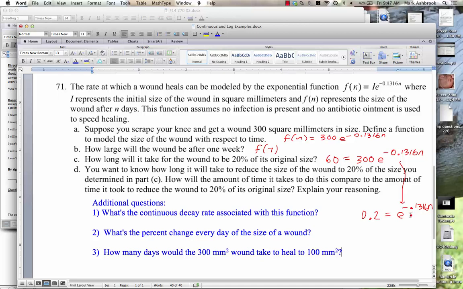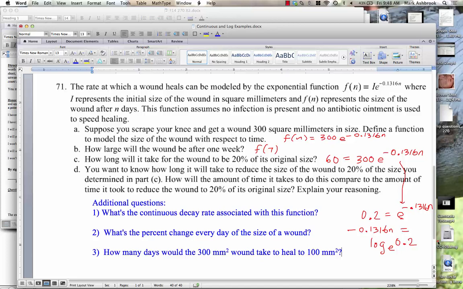What do we have to take care of exponents of e? Log base e. Natural log of e is an exponent of e. So what exponent is it? It's the exponent of e that gives 0.2.